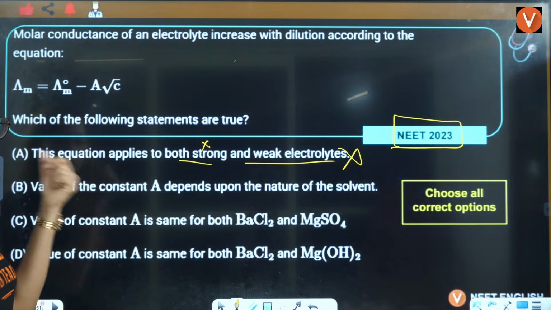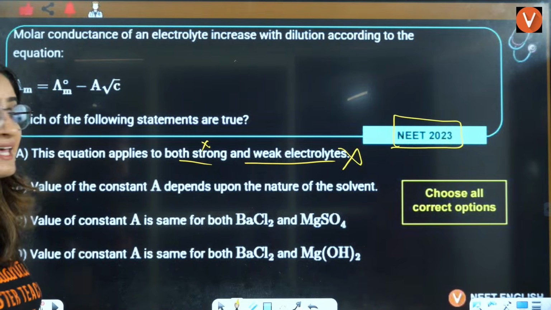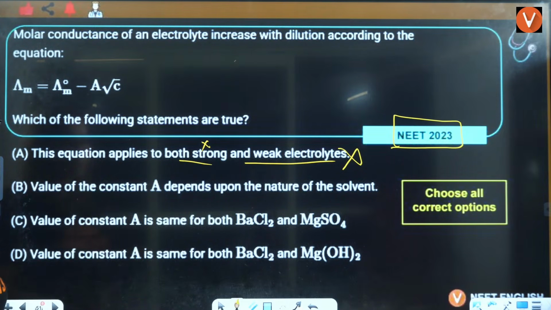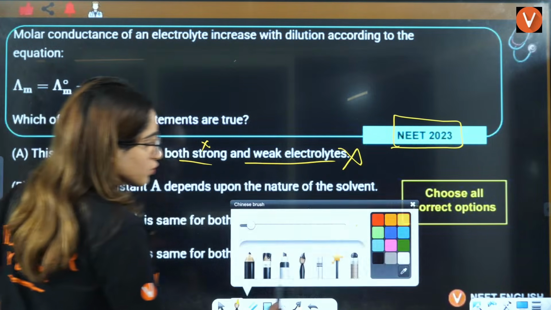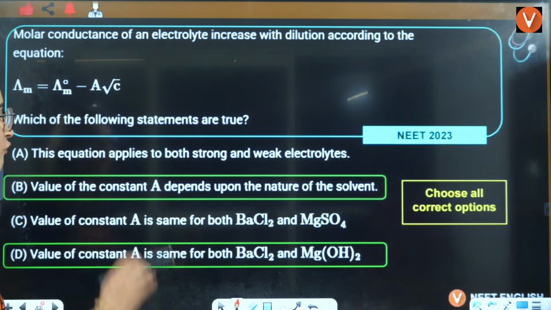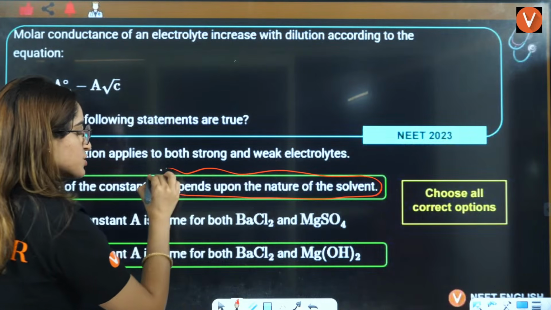The value of constant A depends upon the nature of the solvent. Yes. The value of constant A is the same for BaCl2 and MgSO4. No. The value of A is the same for both BaCl2 and Mg(OH)2. Right? So guys, here we have to choose the correct options. The value of A depends upon the nature of the solvent.